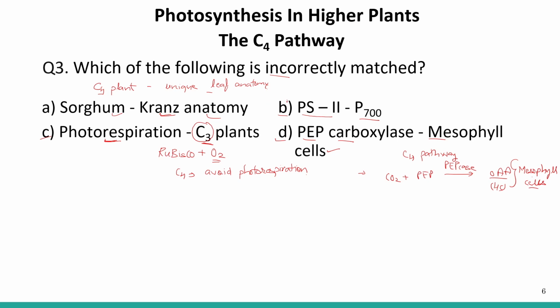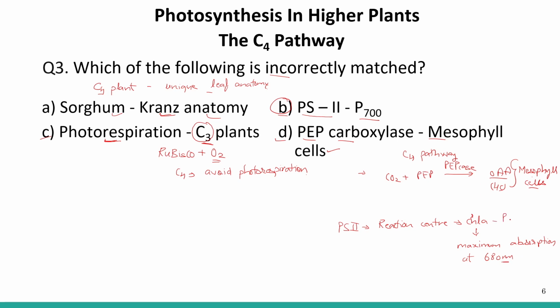Now we are left with option B. So this option should be the answer for this question. Why? Because if you talk about photosystem 2, photosystem 2 has a reaction center, which is a single chlorophyll A molecule, which has maximum absorption at 680 nanometer.